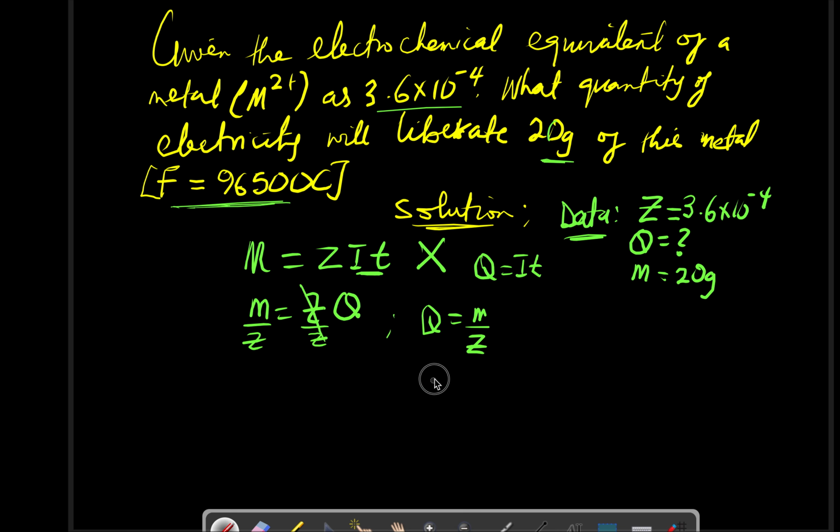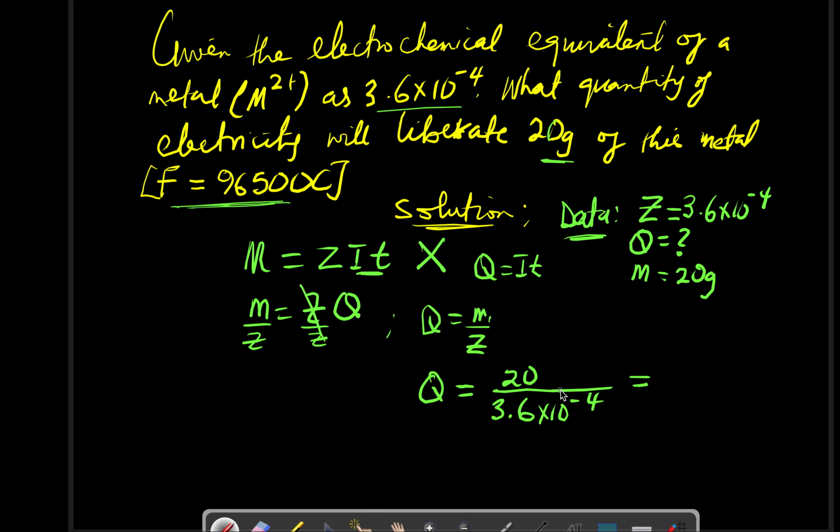So how do we get the final answer? Q will then be equal to the mass given to you, which is 20 grams. Please do not convert it to kilograms. Leave it as 20 grams divided by this value for the electrochemical equivalent, 3.6 times 10 to the power of negative 4. If you plug this into your calculator, let me do that real quick.